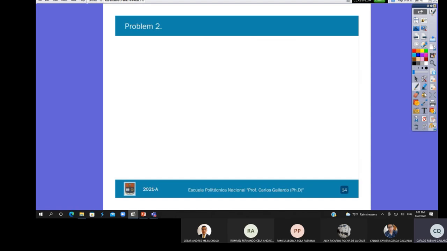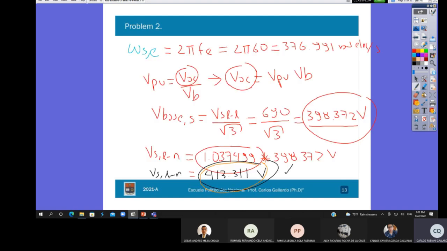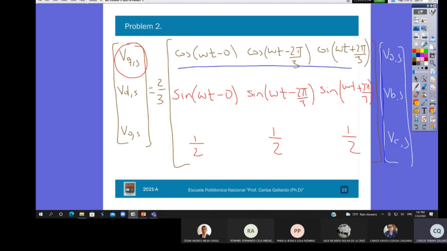Okay, so I will have the stator quadrature axis voltage is equal to 2/3 times this one times this one.